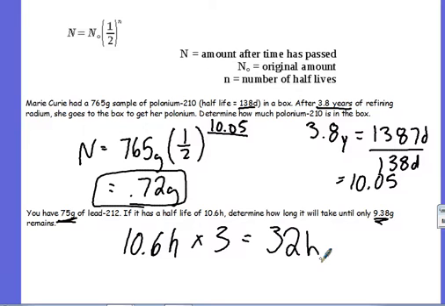So it would take approximately 32 hours for 75 grams of lead-212 to decay into 9.38 grams of sample. So again, the definition of a half-life is the amount of time it takes for a sample to transmute into half of what I started with.